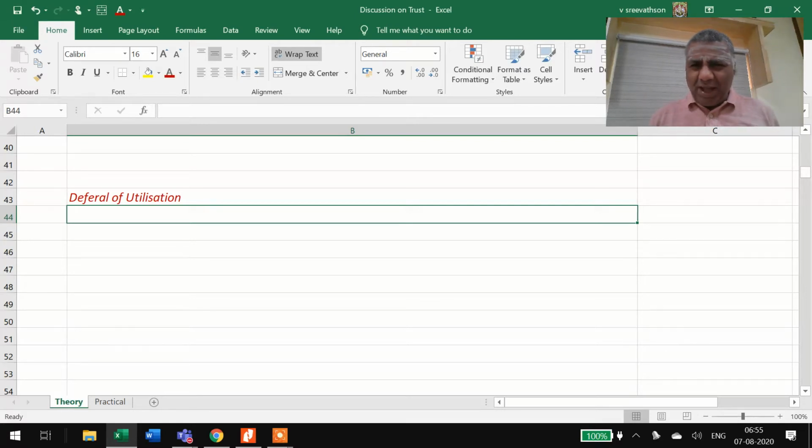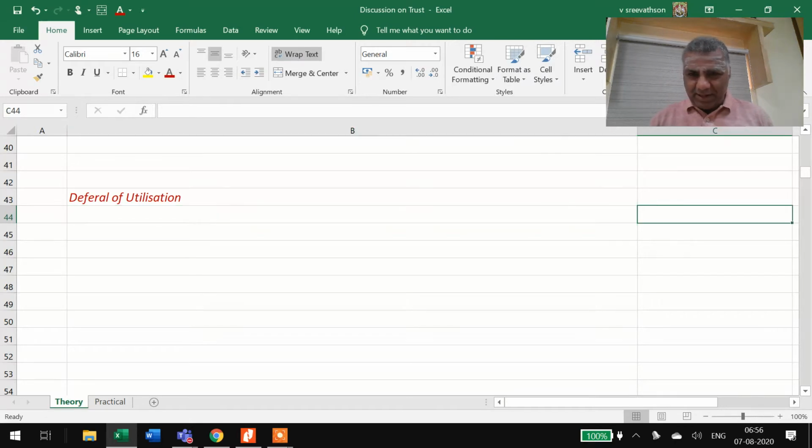We all know, and those who have seen trust audit will also know from the other end, the trust, that in the month of March, let me give an example. April to Feb, my income will be 40 lakhs.